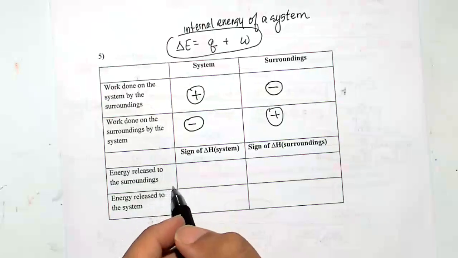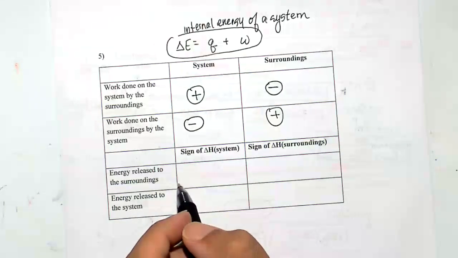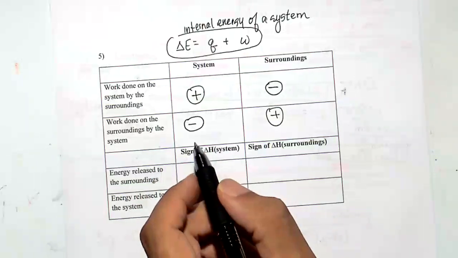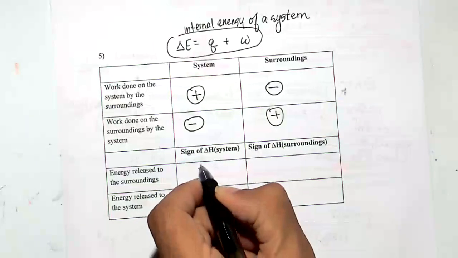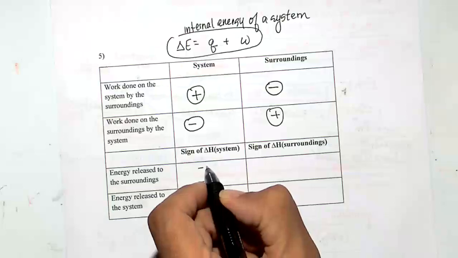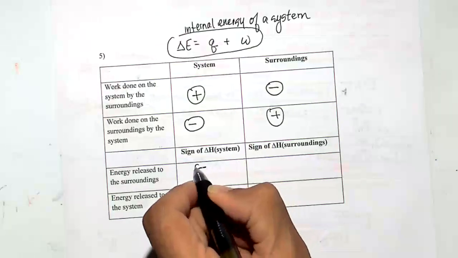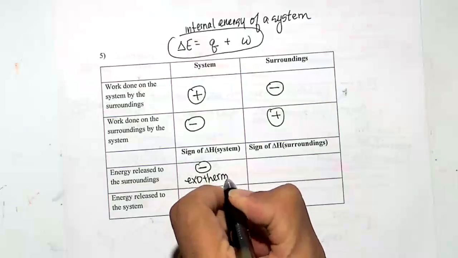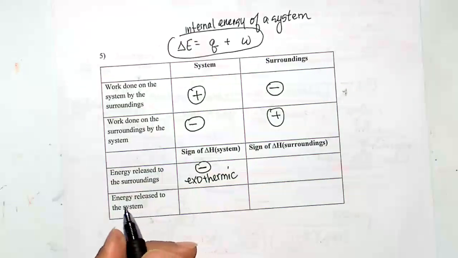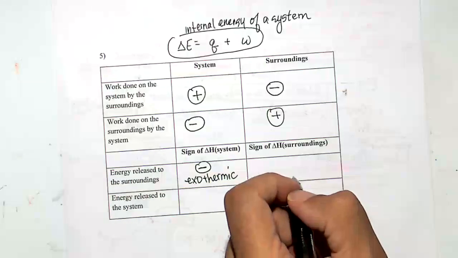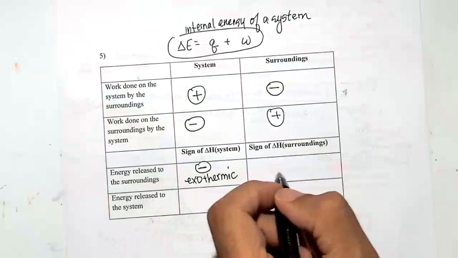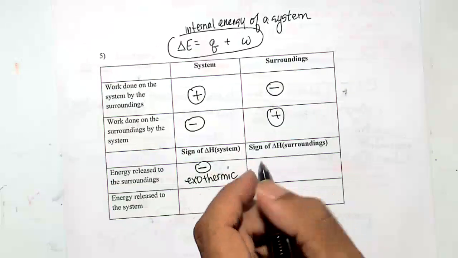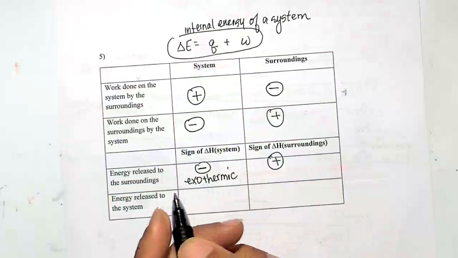All right, how about if the energy is released to the surroundings? What will the delta H be? Energy is released to the surroundings. We call that an exothermic reaction. And if the surroundings take that heat energy, what will its sign be? Positive.